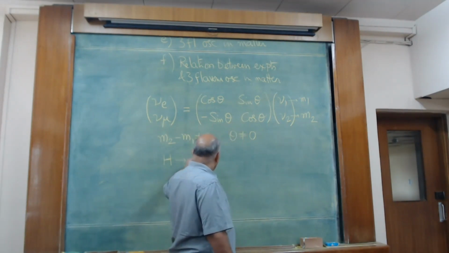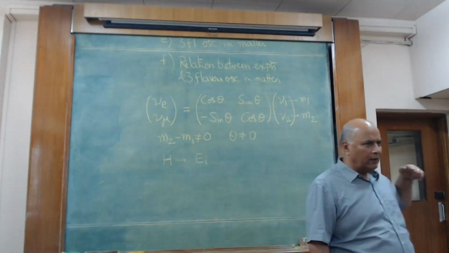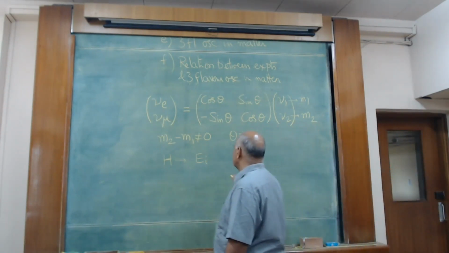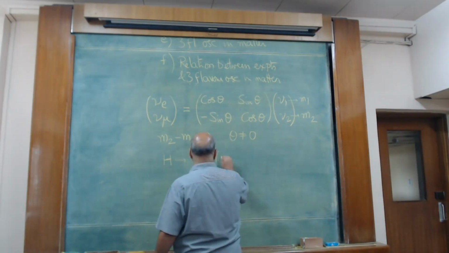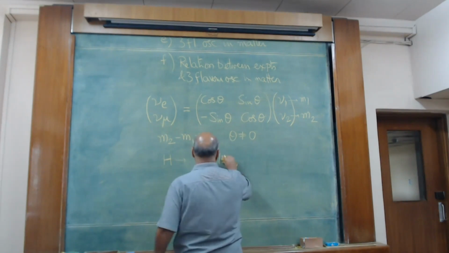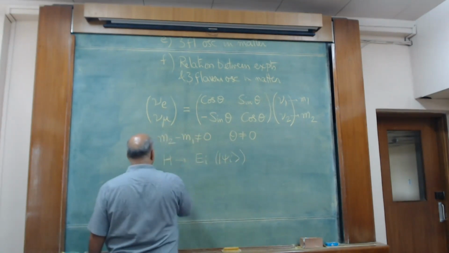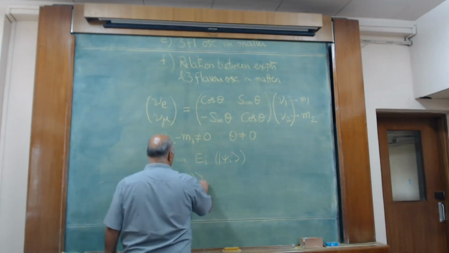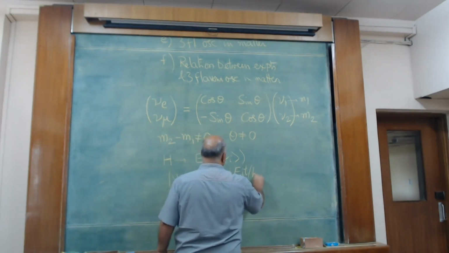Also, corresponding to each energy eigenvalue, there is an energy eigenstate, say psi i, and under the influence of this H, psi i of t becomes e to the power minus i E_i t by h cross.